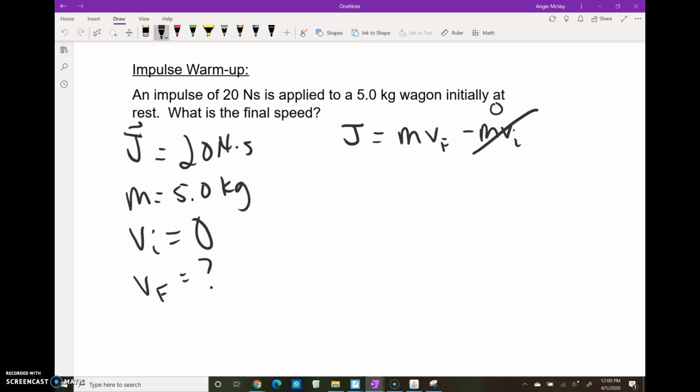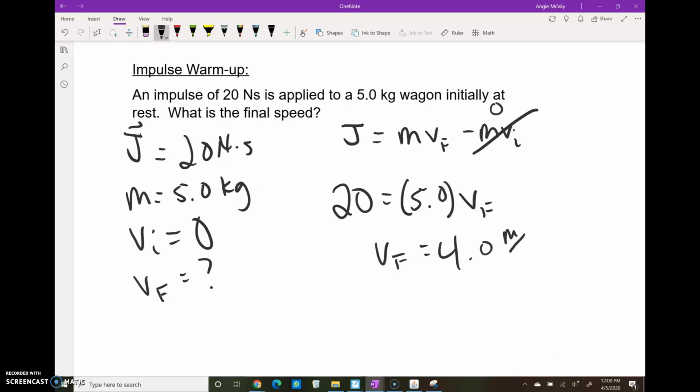And so we can literally just say the impulse, 20 Newton seconds, is equal to the mass, 5.0 kilograms, times our unknown final velocity. And that means the final velocity is 4.0 meters per second. Easy peasy.